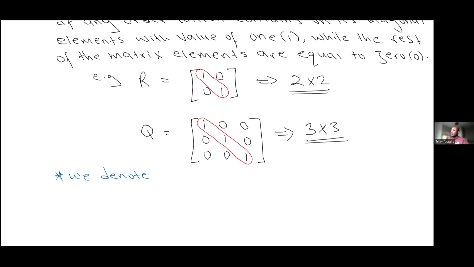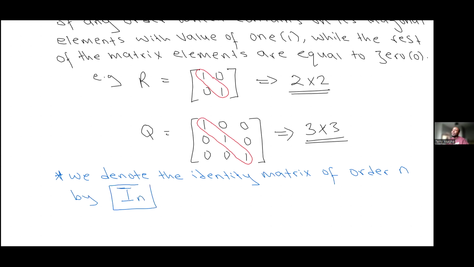We denote the identity matrix of order n by I n. So when you have an identity matrix of order n, we write it as I to the base n. All right, good. What number was that?